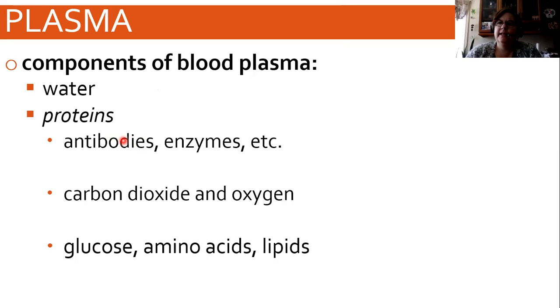Antibodies are markers, and they go on the pathogens. It's like a big red light on our pathogens saying, okay, white blood cells, kill it, okay? So that's really what our antibodies do. They're little markers that mark stuff for destruction. And they're floating around.